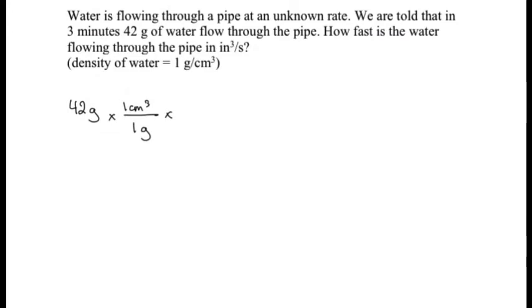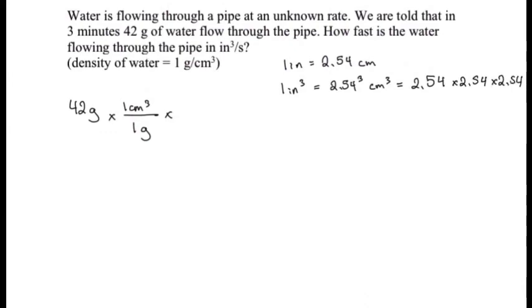Now this is a little trickier. So we know that 1 inch is equal to 2.54 centimeters. It is also true that 1 cubic inch is equal to 2.54 cubed cubic centimeters. So that's the conversion that we're going to use here: 2.54 cubic centimeters cubed per 1 cubic inch.